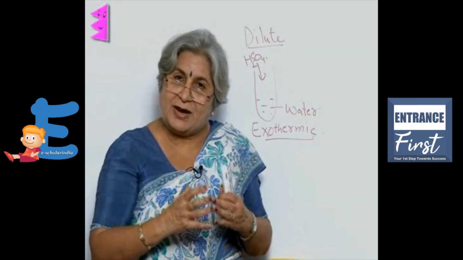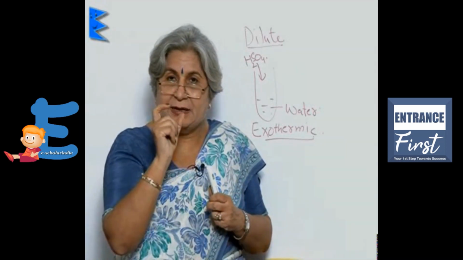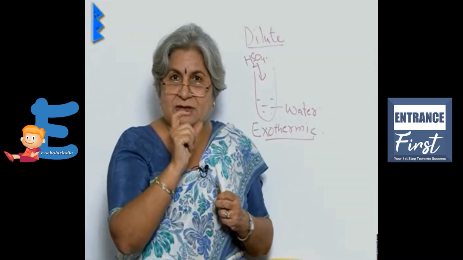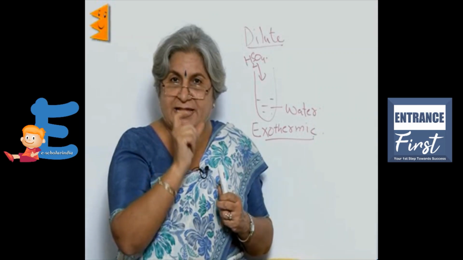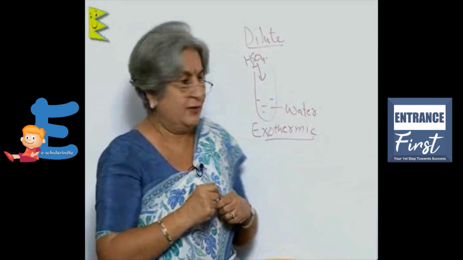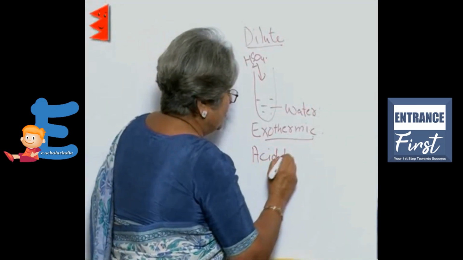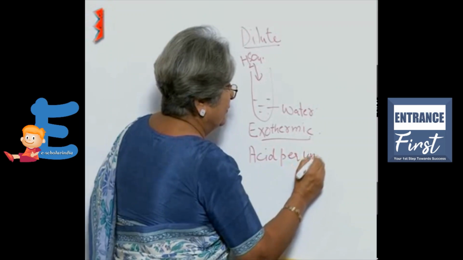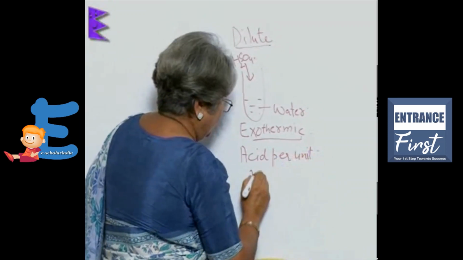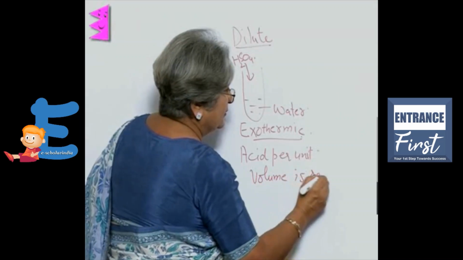So why then does it become diluted? Because the number of ions or the amount of acid per unit volume is reduced because there is more water. So acid per unit volume is reduced.